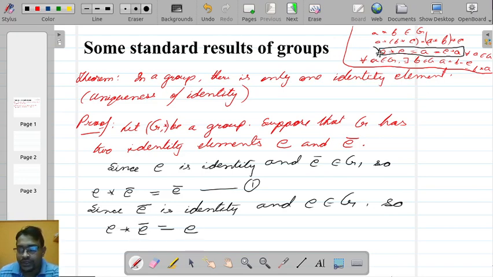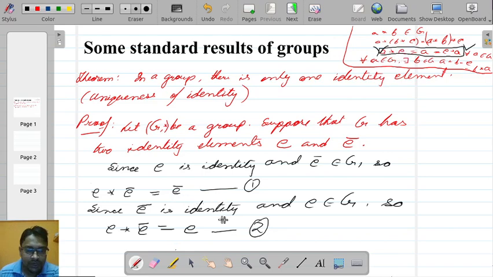There are two parts here: one is A star E equal to A, and the other is E star A equal to A. Whichever way you compose, it is going to be the same element. In the first one, the first part is applicable; in the second one, the second part is applicable.